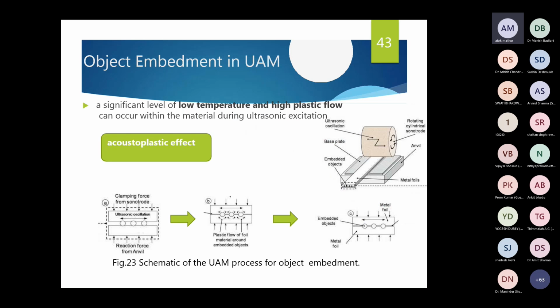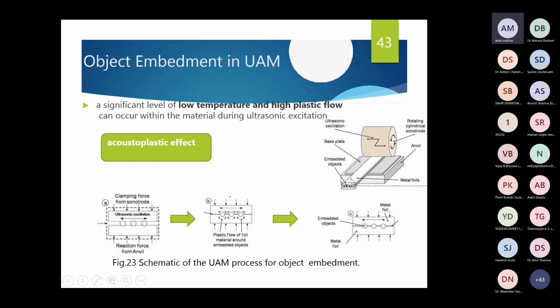Now object embedment in UAM. See, the UAM method diagram is like this. Ultrasonic oscillation is provided with this rotating cylinder, the sonotrode, which passes over the base plate, and objects may be embedded.